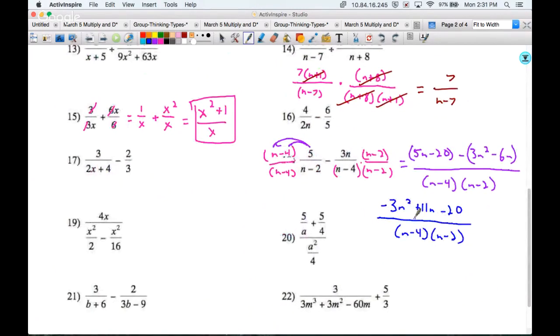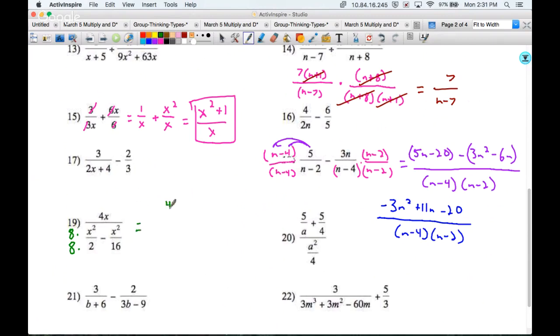Okay, 19 and 20 are what we call complex fractions. One technique is to get everything in terms of the same denominator. The other technique is to just add them one piece at a time. And I like doing the one piece at a time method. So I'm going to multiply this by 8 over 8.